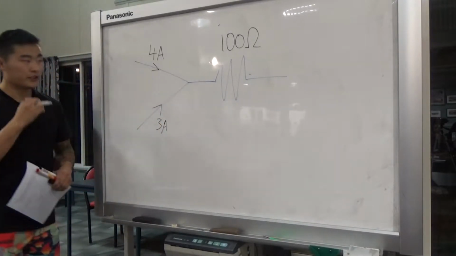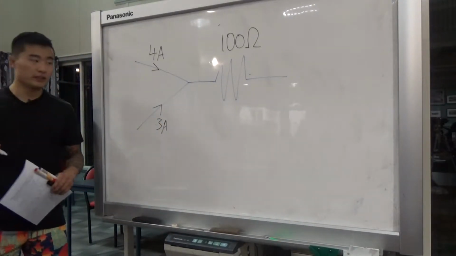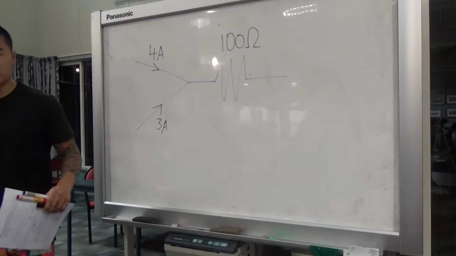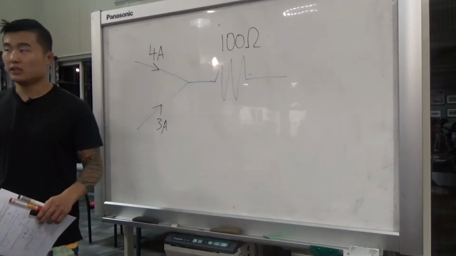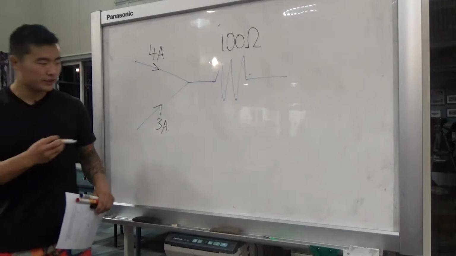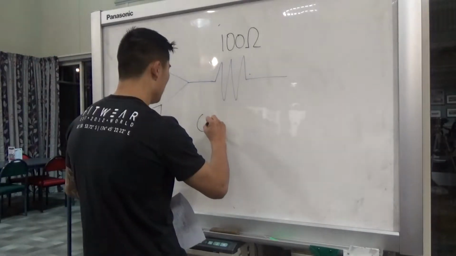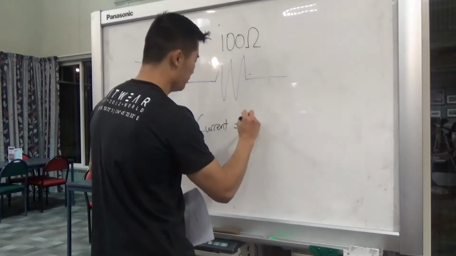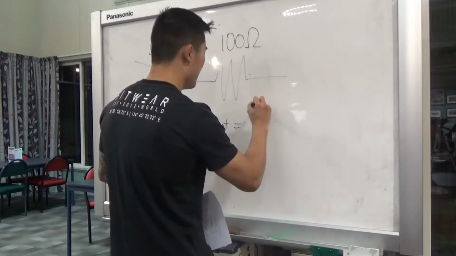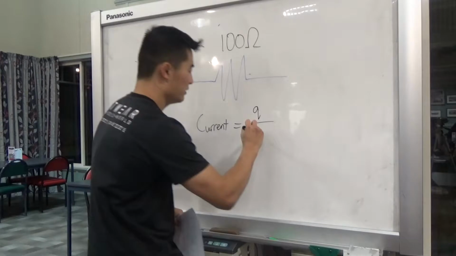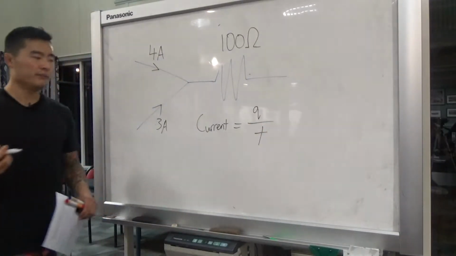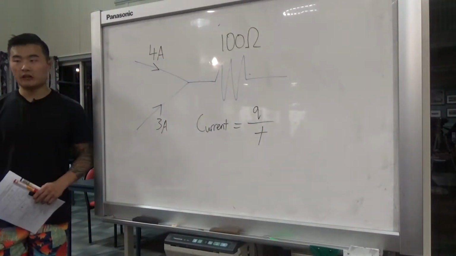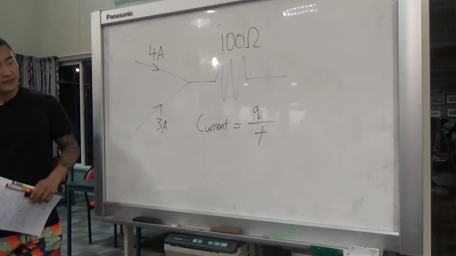Current is the amount of charge that's flowing through a conductor. Current is equal to the amount of charge, Q, over time, so the amount of charge that is flowing per second.